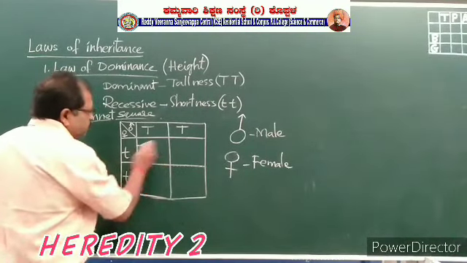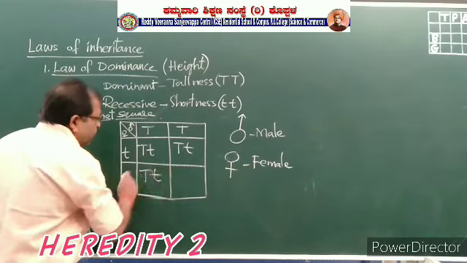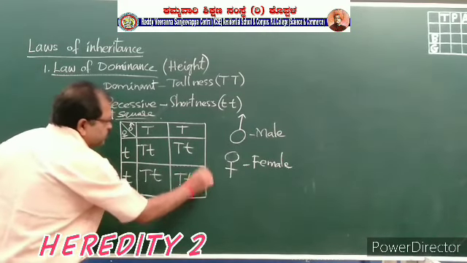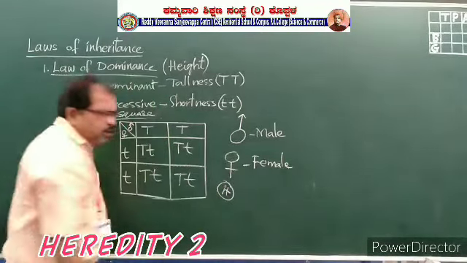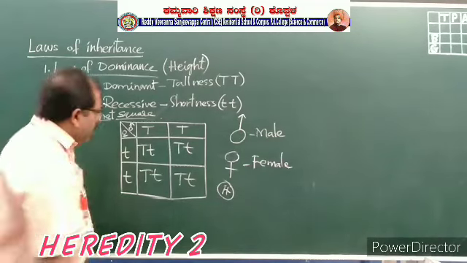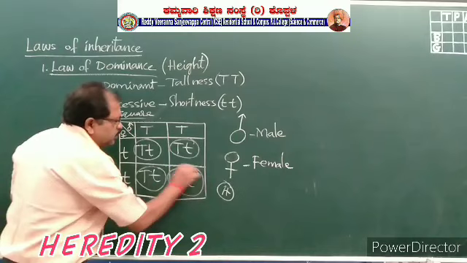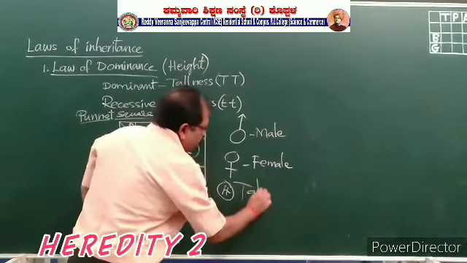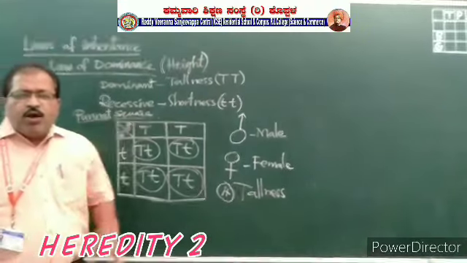Capital T, small t, capital T, small t, capital T, small t, as well as capital T and small t. You observe that four progeny have been produced here, four resultant plants, and all of them are showing tallness, physically and morphologically.